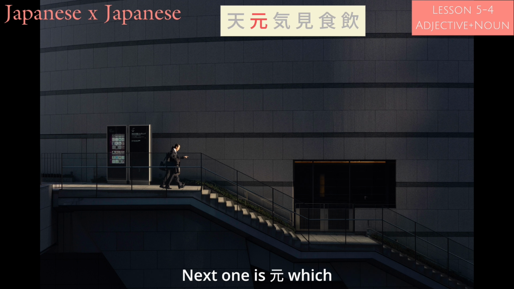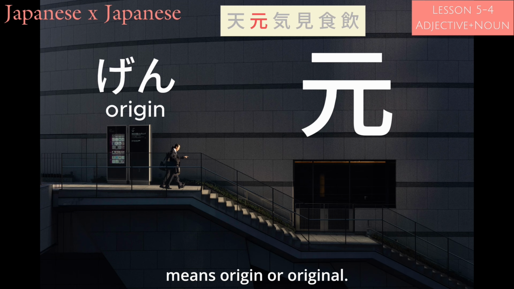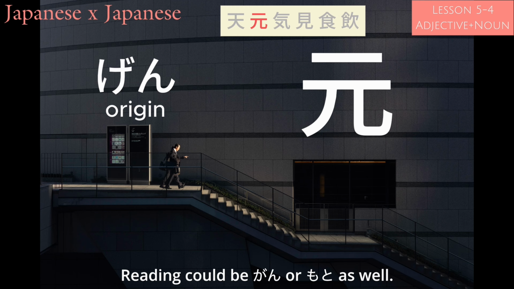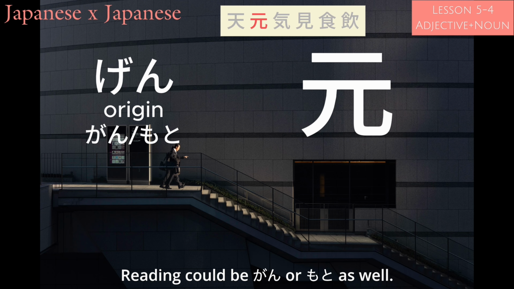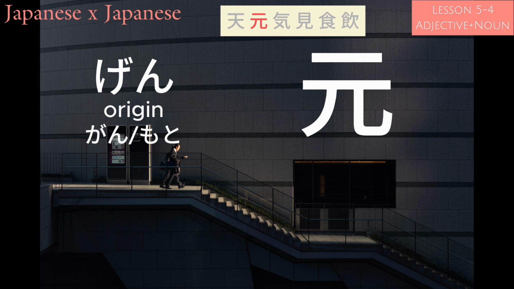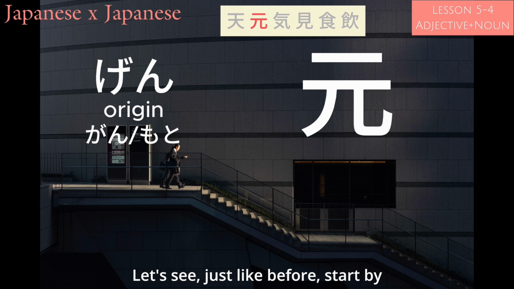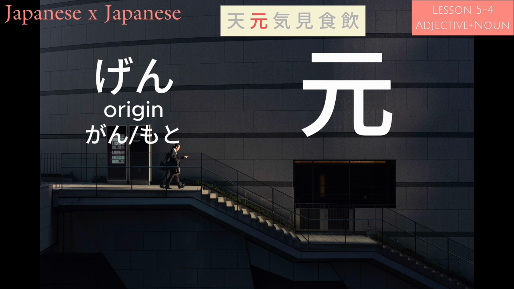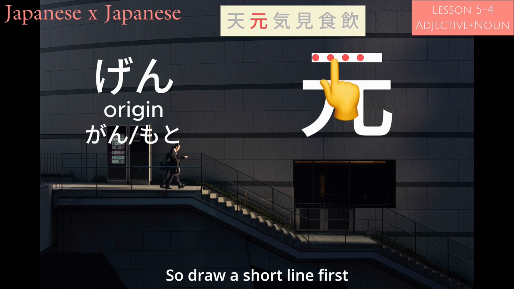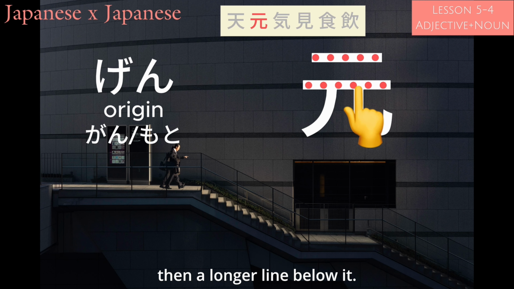Next one is gen, which means origin or original. Reading could be gan or moto as well. Just like before, start by drawing two horizontal lines, but in this case the top line is shorter. So draw a short line first, then a longer line below it.